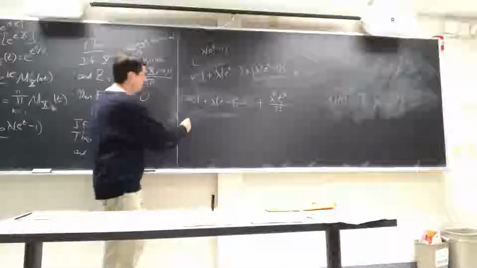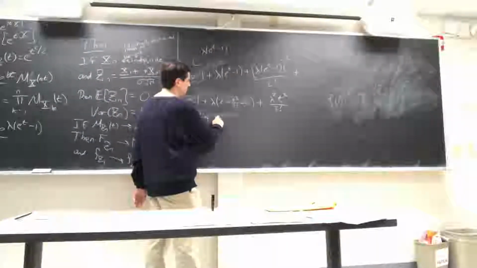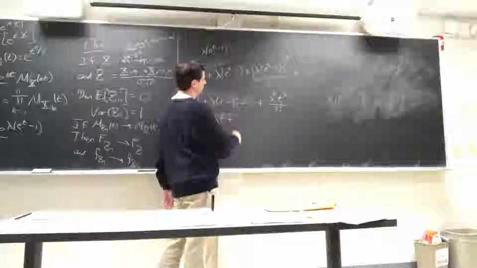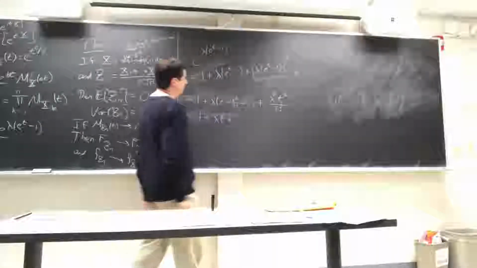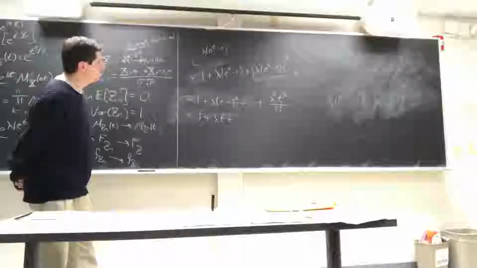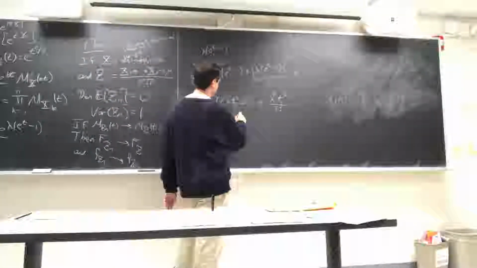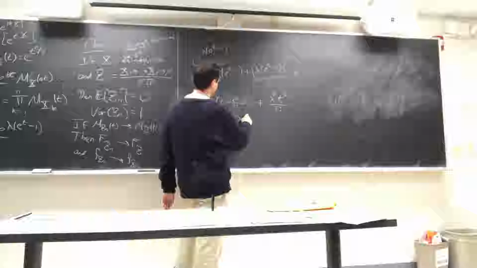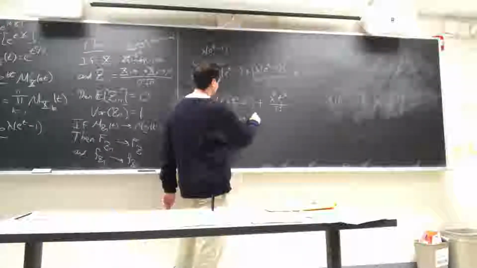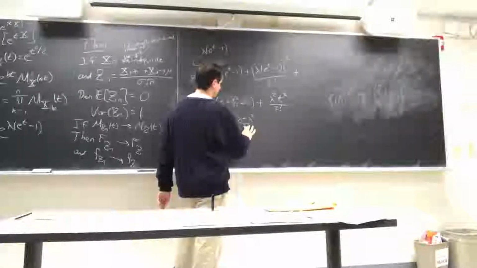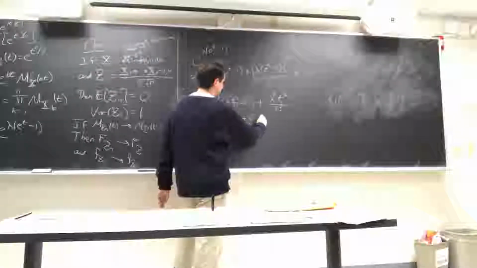All right, so now, if I just combine, I get 1 plus lambda t. I have lambda over 2 factorial plus lambda squared over 2 factorial. I'm wondering if I actually have a typo now. Lambda plus lambda squared over 2 factorial, t squared.